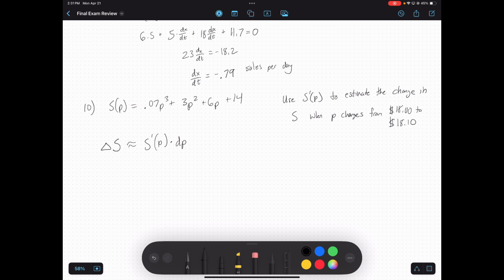And you remember, this comes from that notation of ds over dP is equal to the derivative. Those are just two different ways of notating the derivative. So if you just multiply this over to that side, we get this kind of estimation.